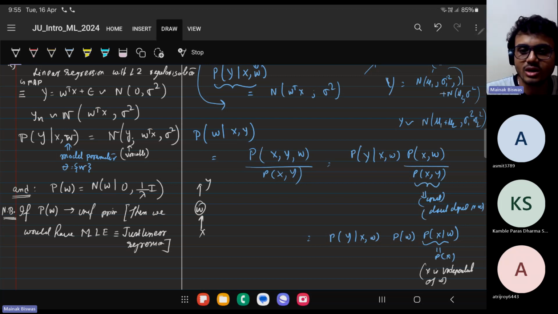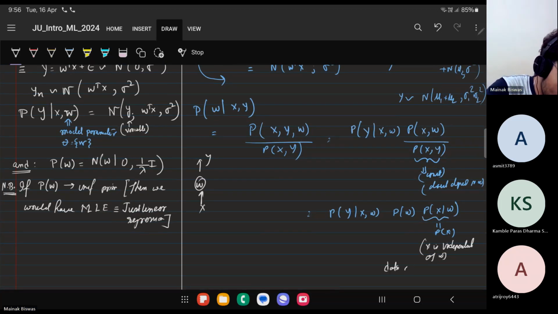It does not change given W. The idea is that the data distribution does not change given W.